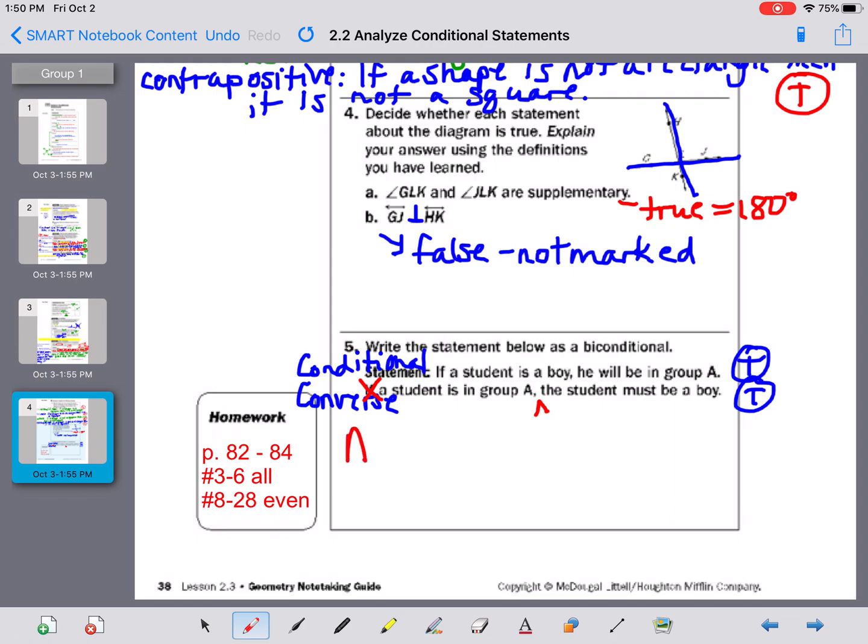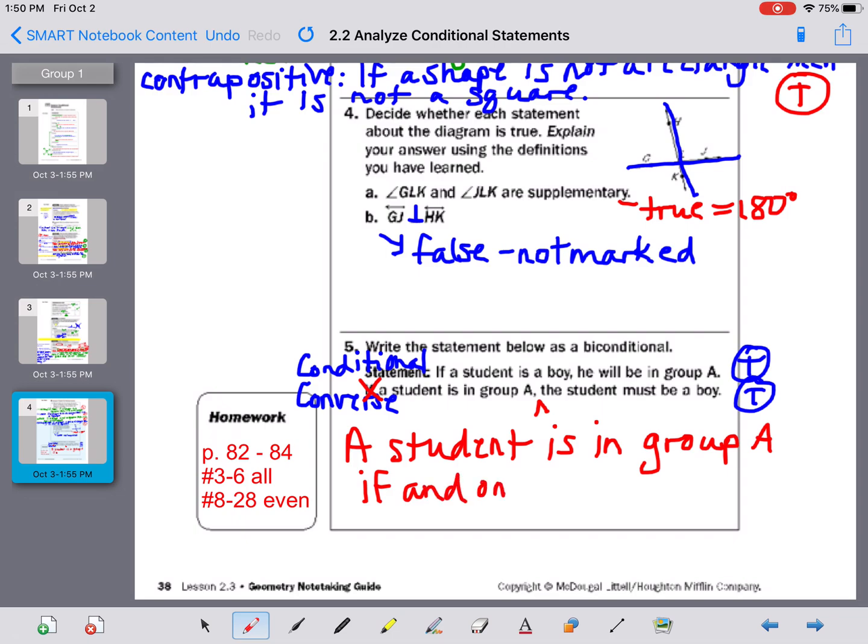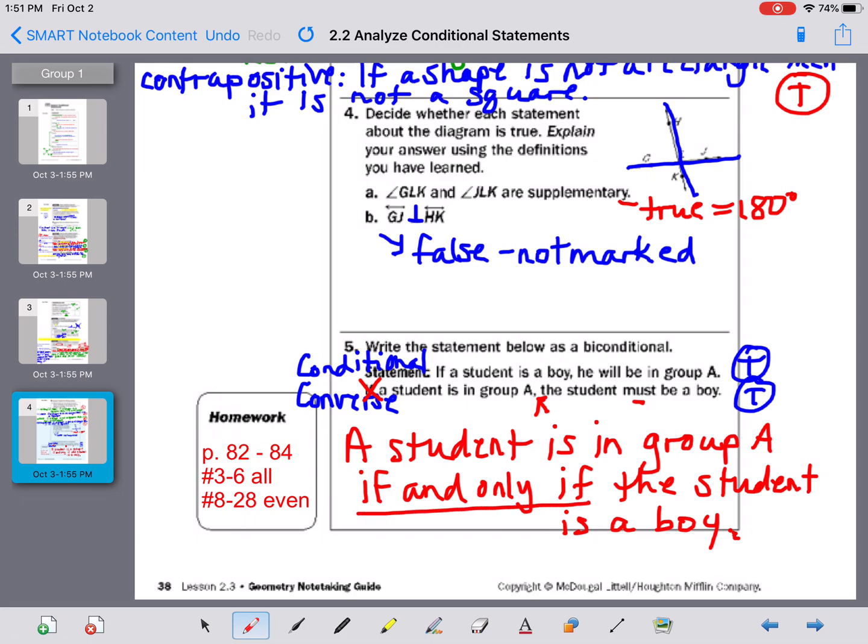So we're going to put a student is in group A if and only if the student, we're going to change our wording slightly, the student is a boy, okay? Because they didn't write the then there, they did the must, but we can kind of change that. So a student is in group A if and only if the student is a boy. The important thing for the biconditional is we see this if and only if in the middle.